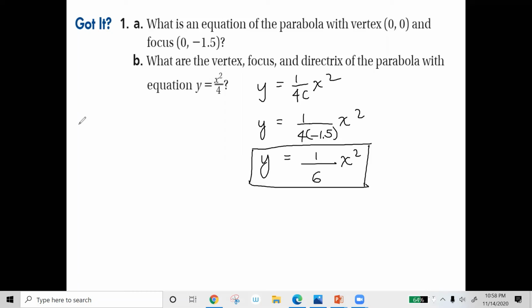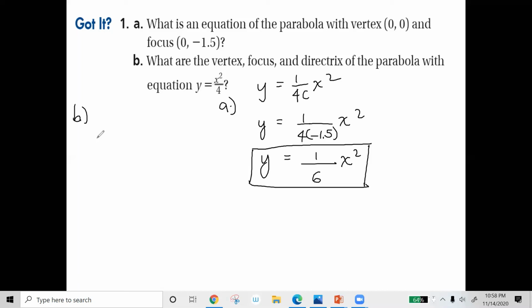Okay, now it's time for letter B. For letter B, the question is, what are the vertex, focus, and directrix of the parabola with equation y equals x squared over 4? We need to find the vertex, or the center, the focus, or c, and the directrix.